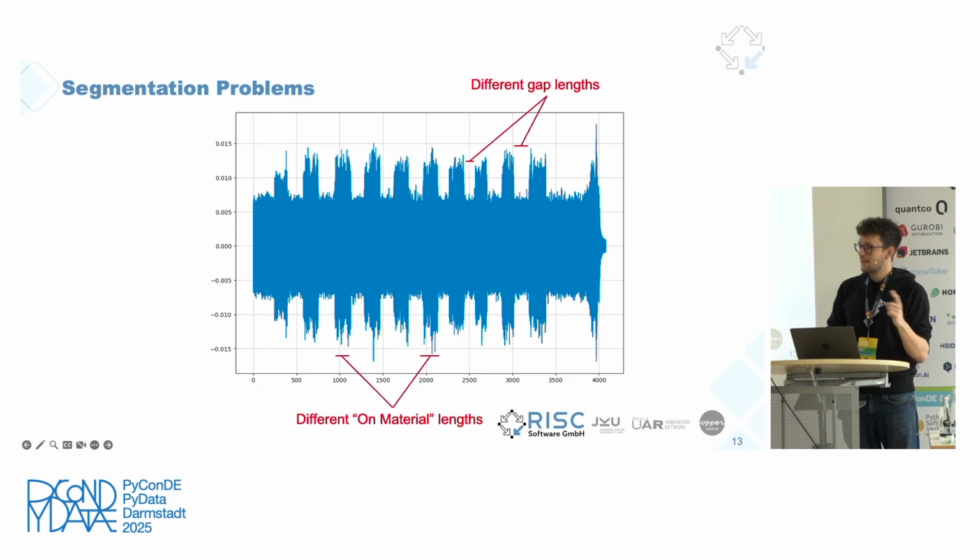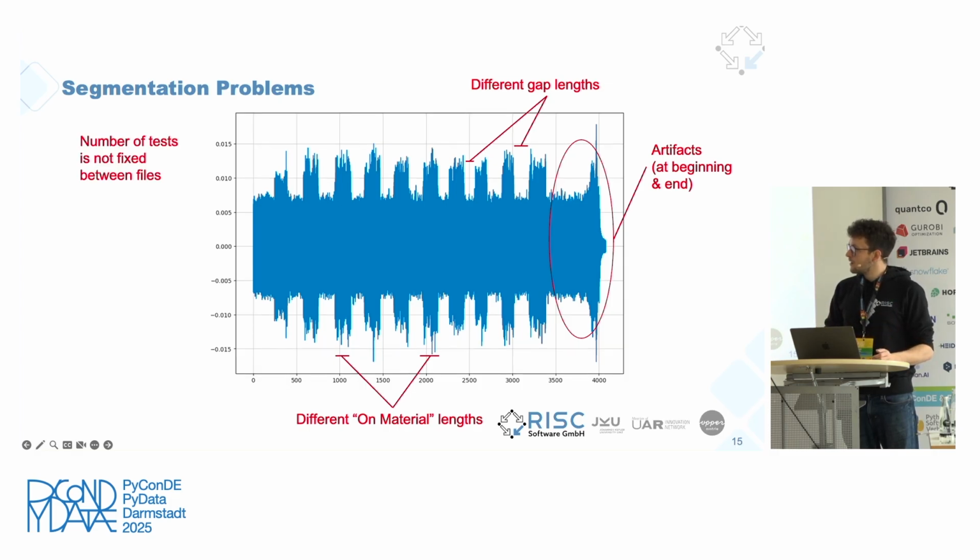You have different gap lengths, so the length between those tests is not the same. You have some noise and artifacts. This is especially true at the end of such measurements and at the beginning. Those are different in length as well. And all in all, it's hard to say how many tests we have per measurement, as this is not a fixed number.